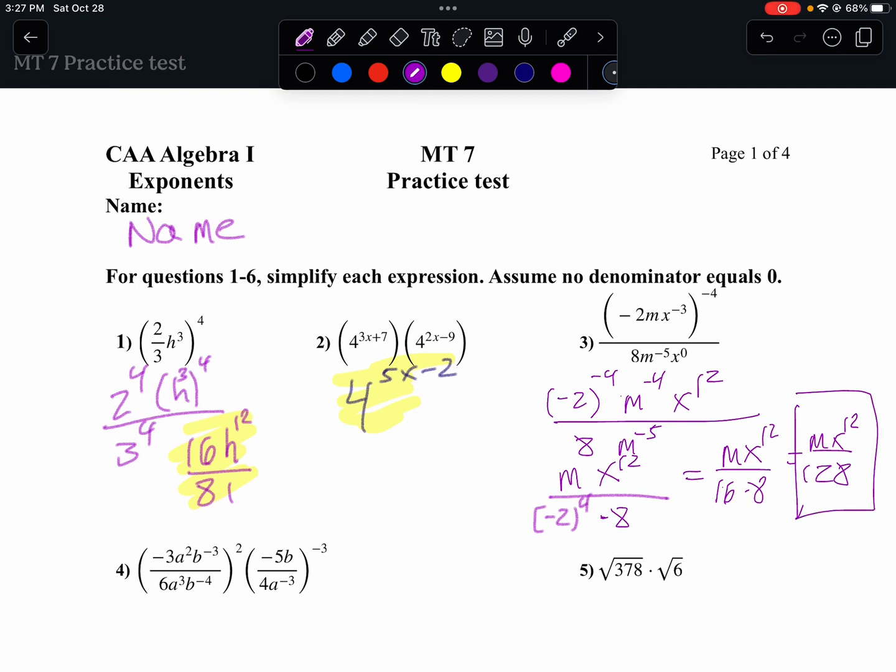And we get m x to the 12th over 128 is our answer.